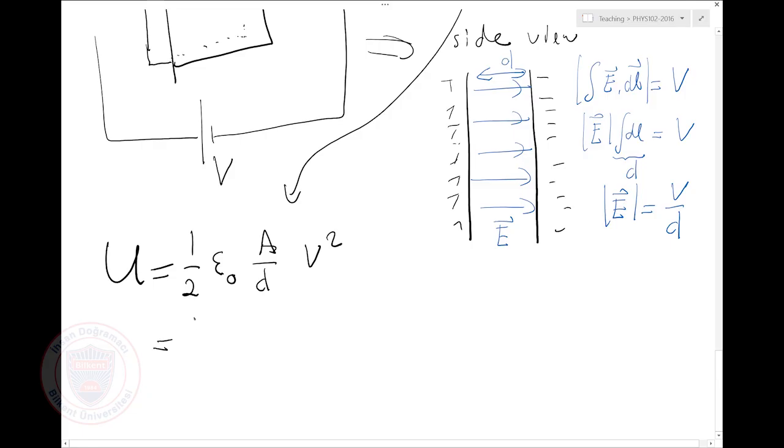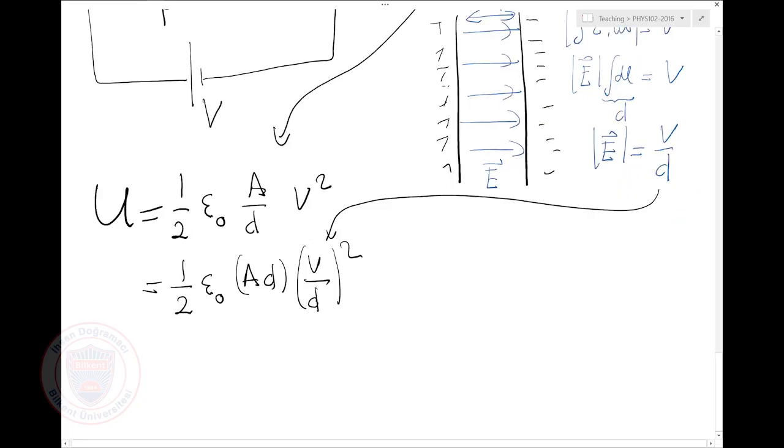I'll write this slightly differently: epsilon 0 A times D times V over D squared. How's that? I multiplied and divided by D. Nothing fancy. But what's V over D now? It's the electric field.